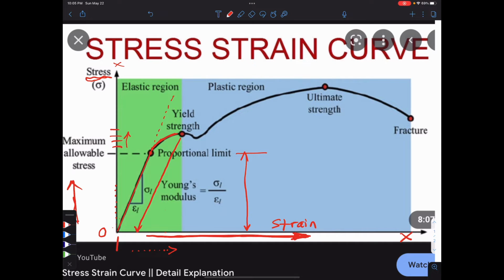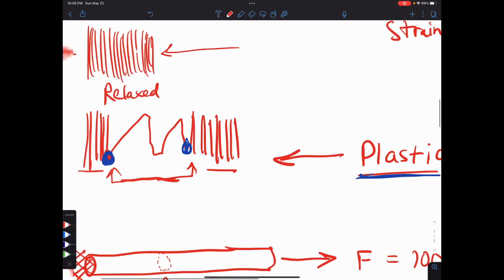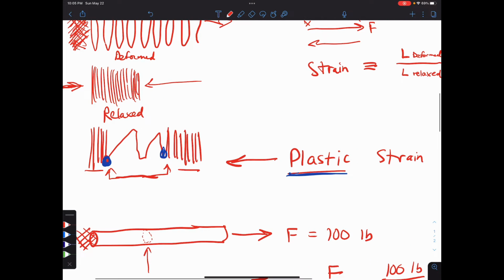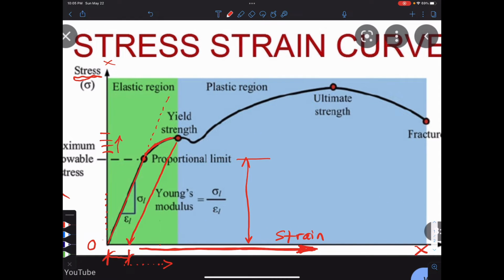See this distance right here? That's the slinky having plastic strain. That's the distance right here that we just talked about on the graph. So the slinky has permanently deformed now.